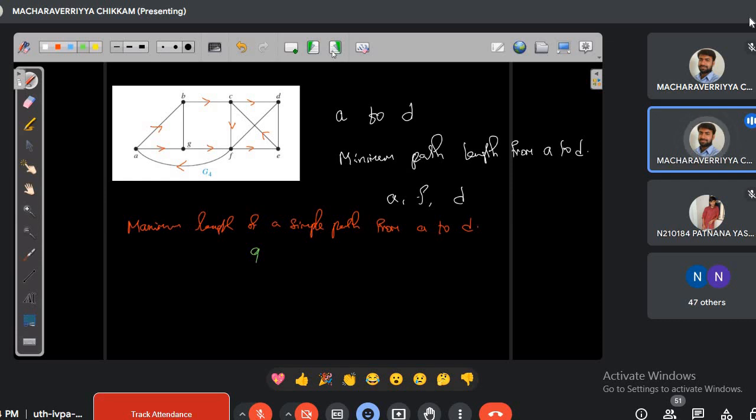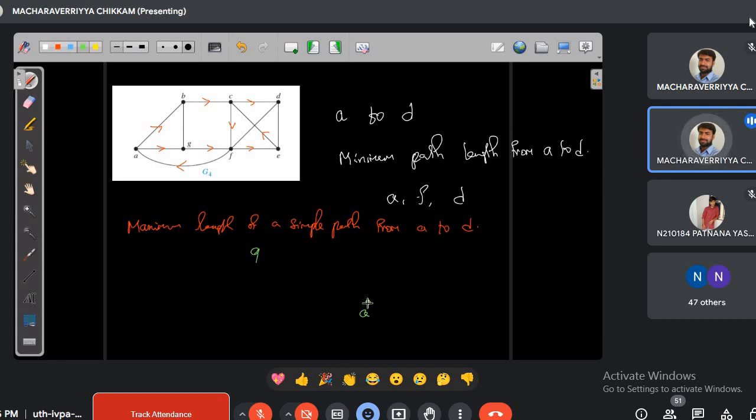Okay. So can we have a path of length 0? Suppose you are at one vertex A, and you are just there. That's it. You're not moving anywhere.